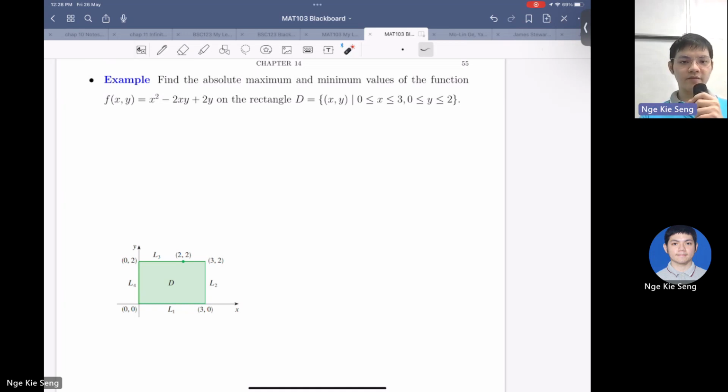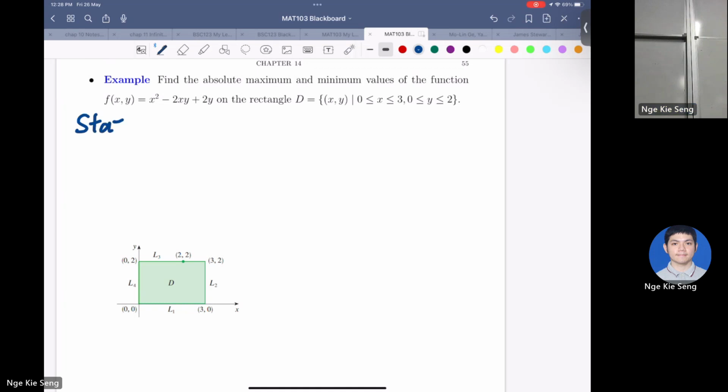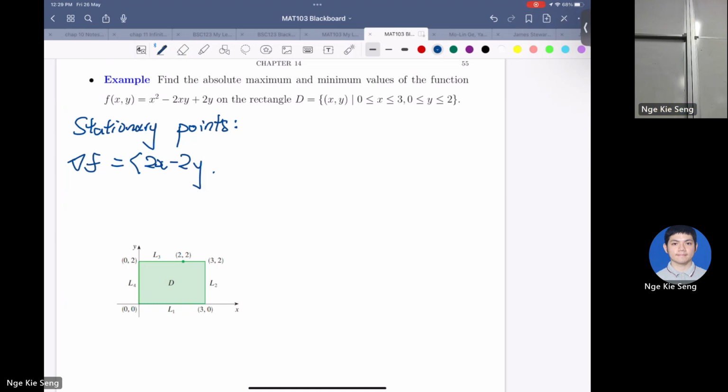We want to find the gradient first, so we start with finding a stationary point. So what's the gradient in this case? The gradient is (x minus 2y, minus 2x plus 2).